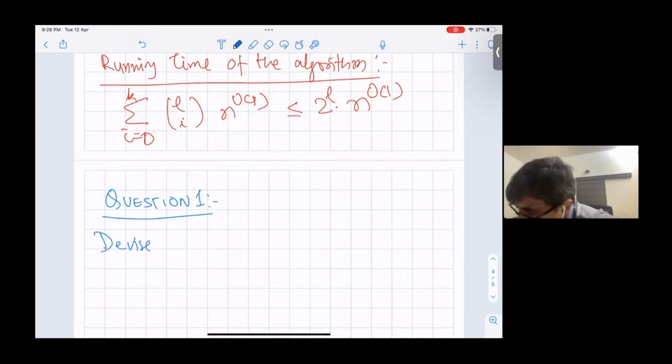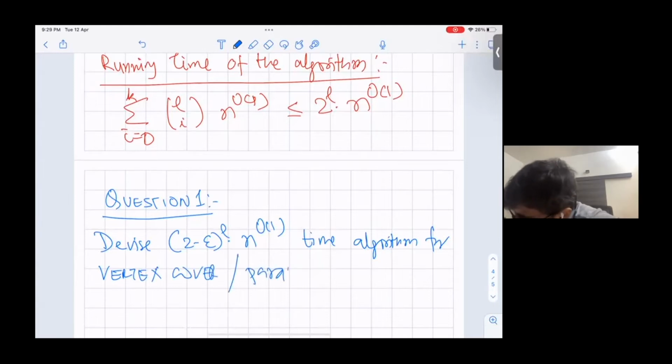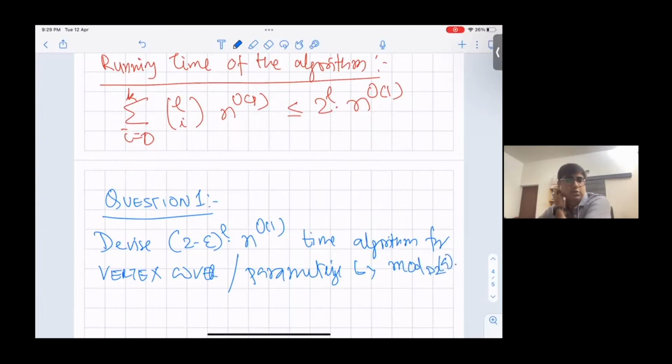Devise a (2 minus epsilon) to the power L times n to the power big O of 1 time algorithm for vertex cover parameterized by the degree 2 modulator. Okay, you understand the question.